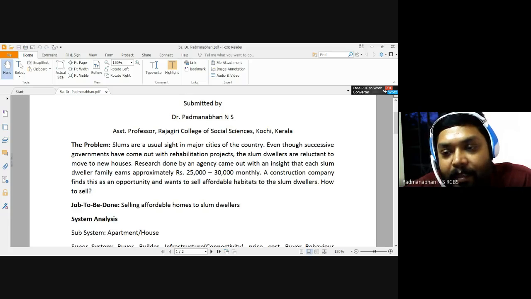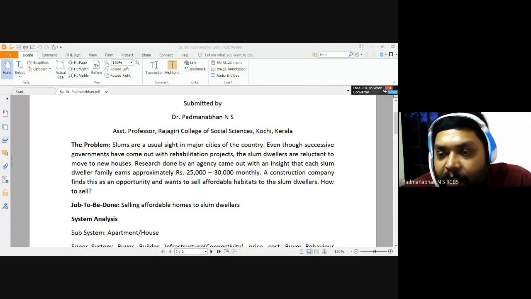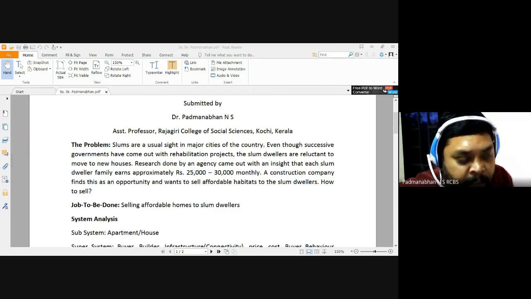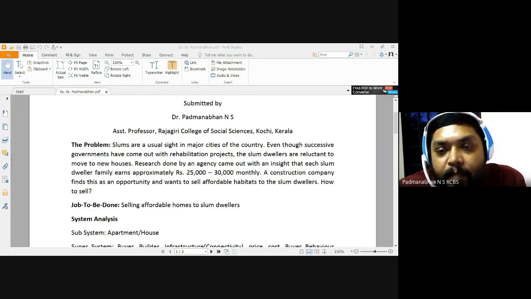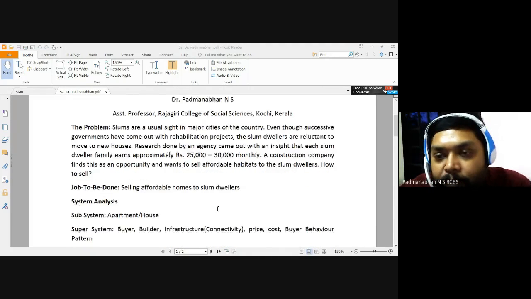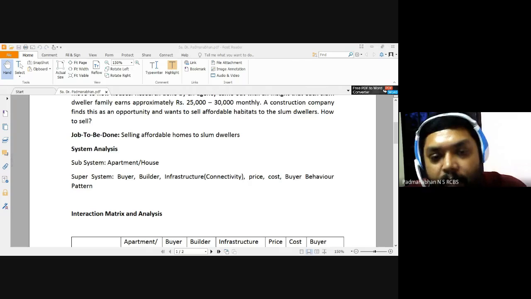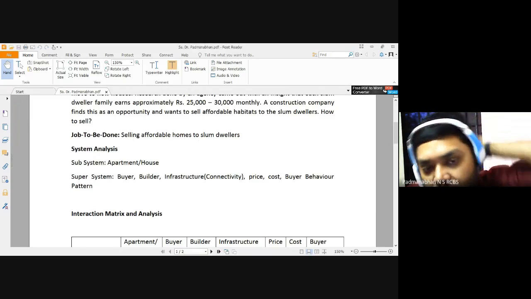It was a thought which came: why are the slum dwellers not actually interested, even if the government is giving it, in actually moving to the new apartments which are being given? So this is the thought process which came to us.